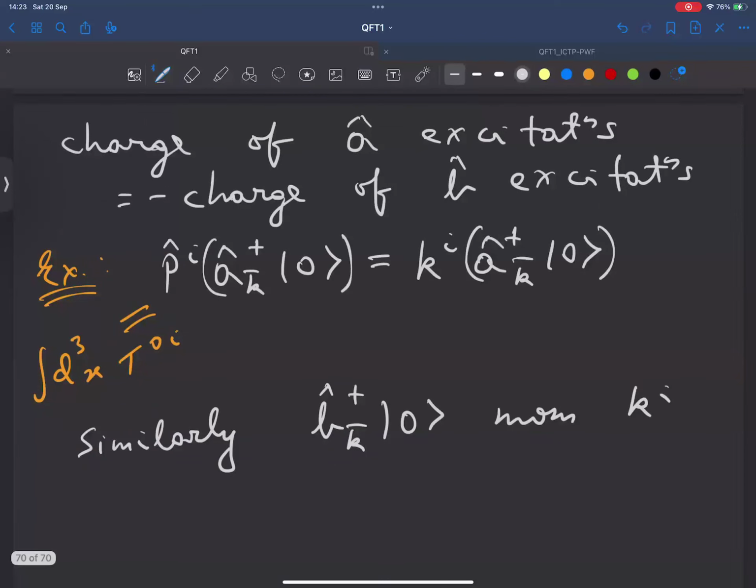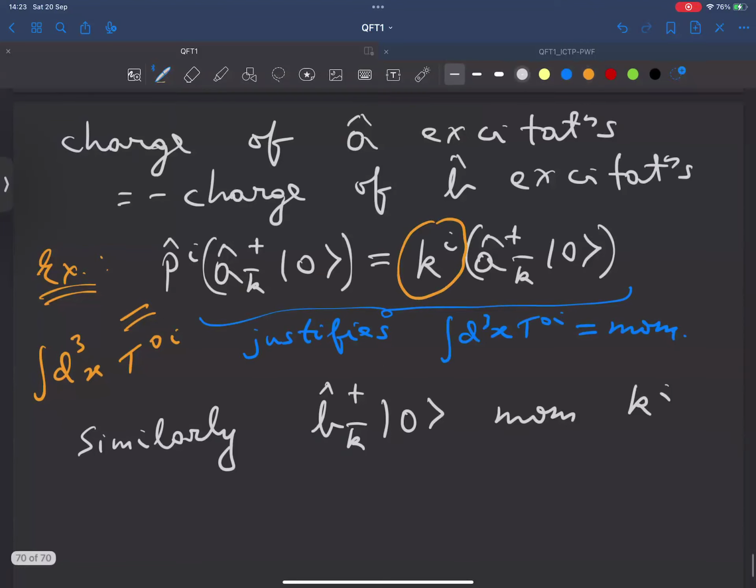So when you do this, this justifies what we had promised to show, that indeed this quantity was rightfully called the momentum. Okay, because as you see, it spits out the eigenvalue k^i, which is the momentum of this state.